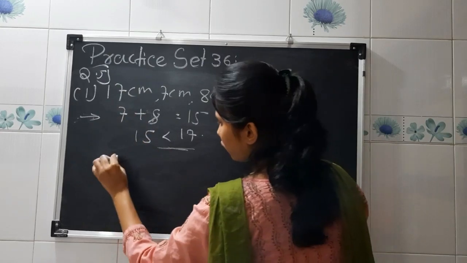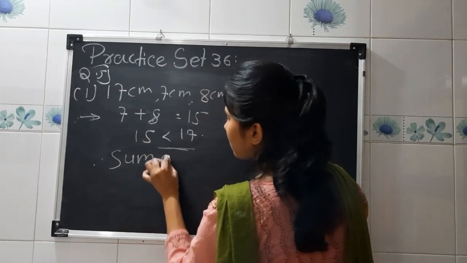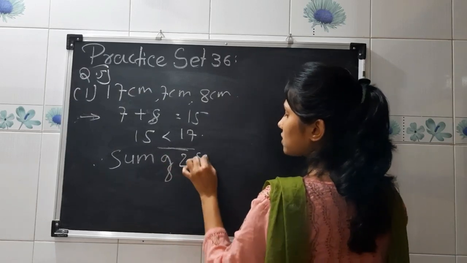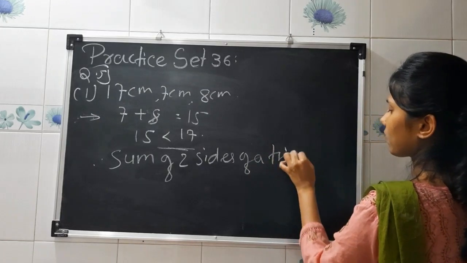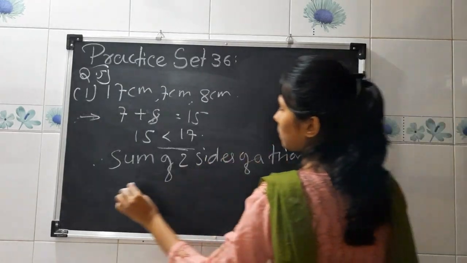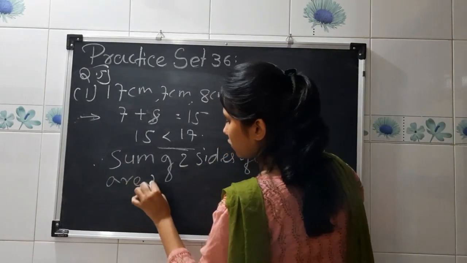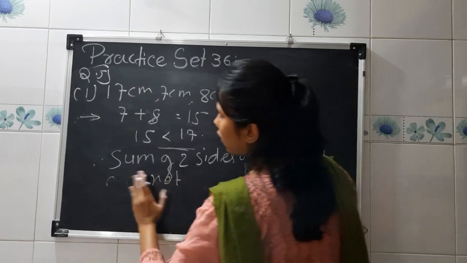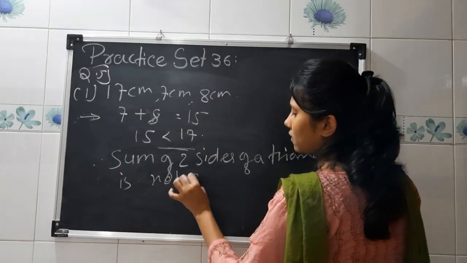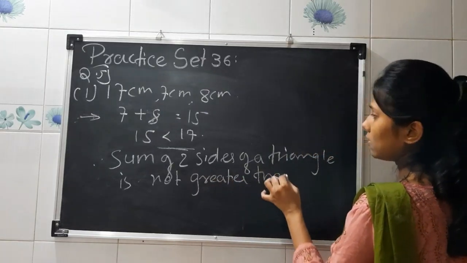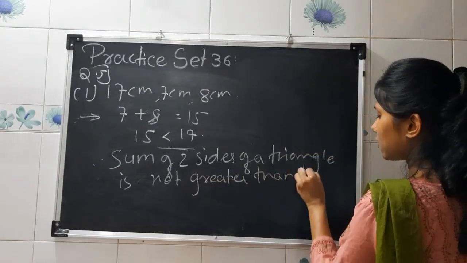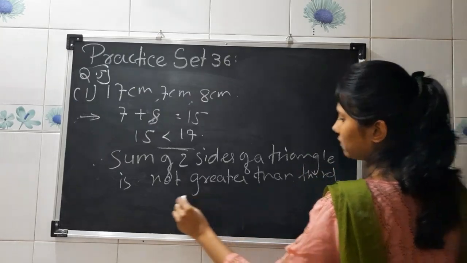You have to write, therefore the sum of two sides of a triangle is not greater than the third side.